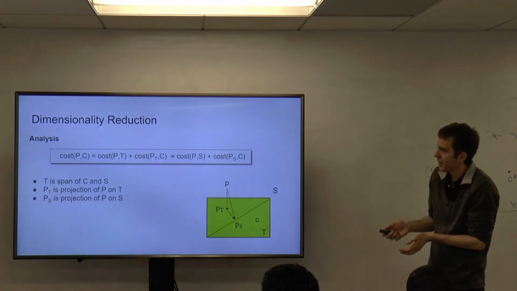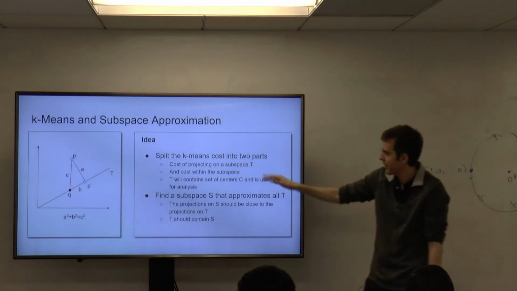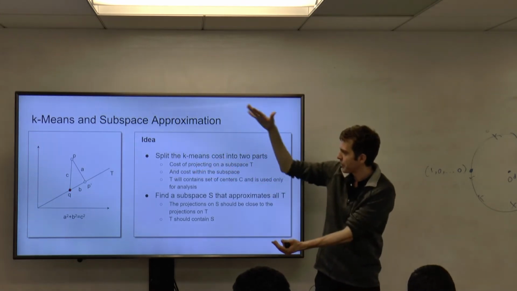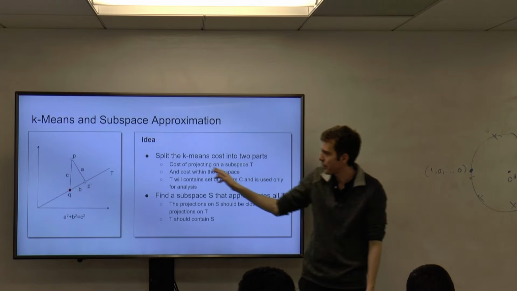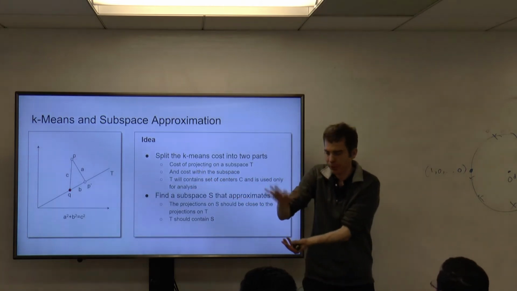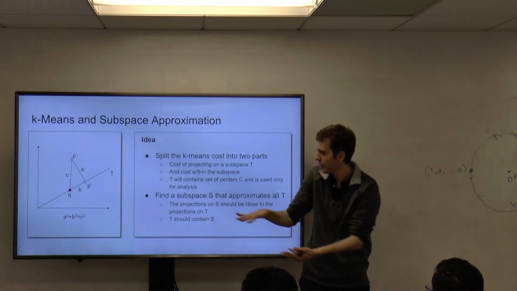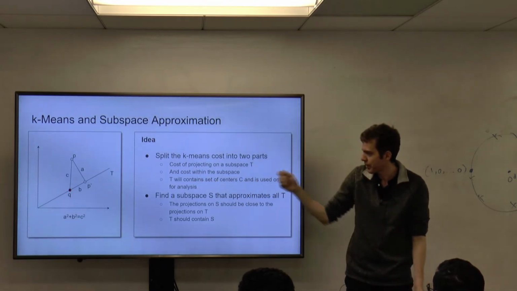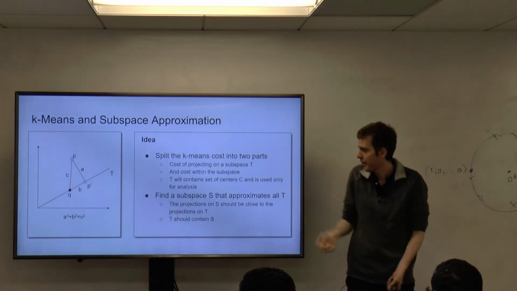Okay. So just to crystallize what I just said, we're going to split the K-means cost into two parts. One is the cost of projecting the points onto a subspace T, and the other is the cost of moving the projected points inside of the subspace to the centers. So T contains the set of centers C. It's just here for analysis, right?